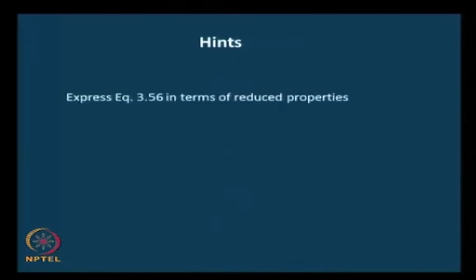The first hint is, try to express that equation 356 that we just saw, the expression for ln of phi1 in terms of reduced properties, Tr, Pr and so on, because if you do that, then the amount of data that is needed significantly goes down, because reduced variables are applicable for a wide variety of pure substances.